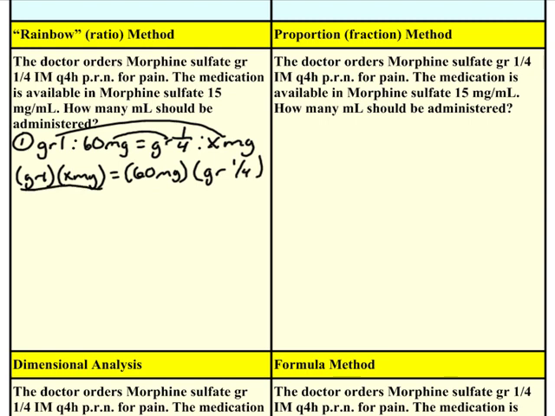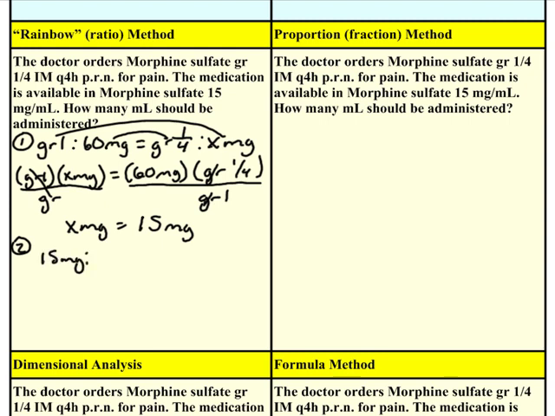We'll divide both sides by grain 1 in order to isolate our X. And when we multiply 60 milligrams times 1/4 divided by 1, we find we need to give 15 milligrams. We then can calculate the number of milliliters we need to give in order to administer this 15 milligrams. We can see from the supply that there's 15 milligrams in each milliliter.